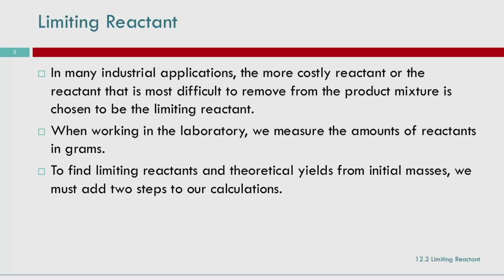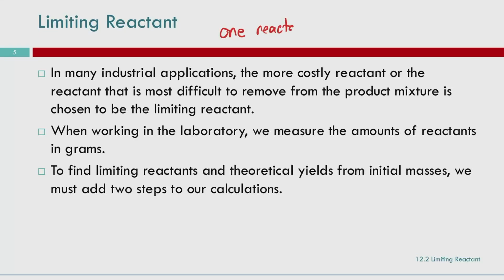There are also instances where we will have different amounts of our reactants. We're not always going to have a perfect exact amount where everything gets perfectly used up. Even if we have that situation, it's likely that one of them won't get used up all the way for reasons. And in industrial applications or in lab situations where you're making something, oftentimes the cost of the reactants is not the same.